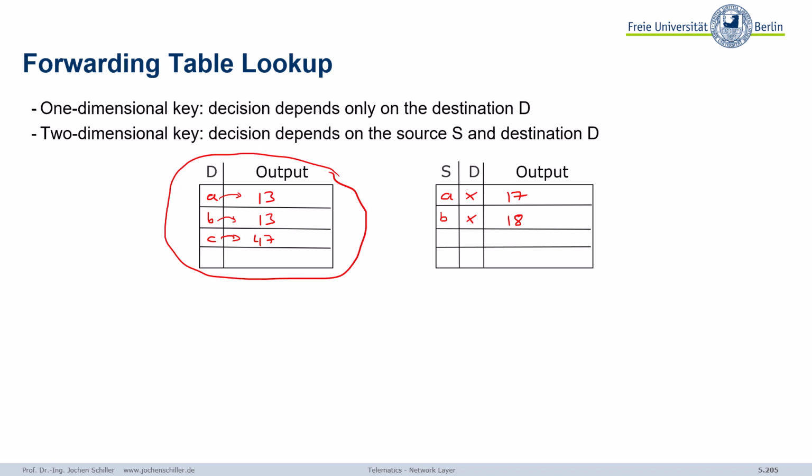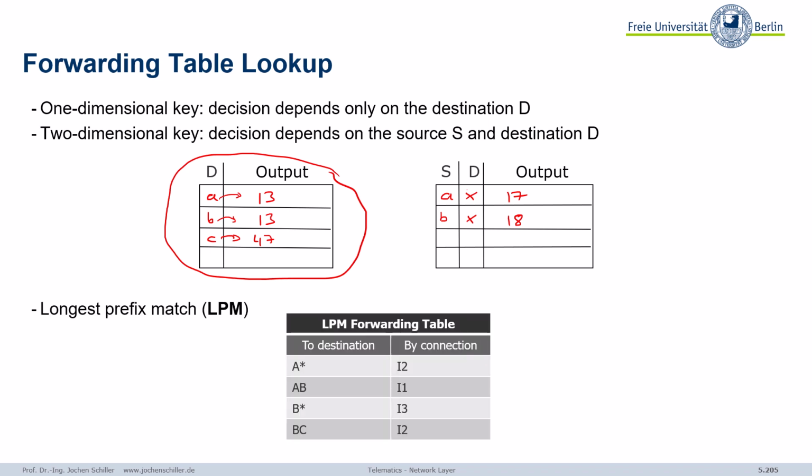And how you do it, the concrete implementation, is based on the longest prefix match. Longest prefix match is typically used in the internet. So we have network prefixes of addresses, shorter prefixes or longer ones, and then you look at an incoming packet that has a certain address. Let's call the address AXY.